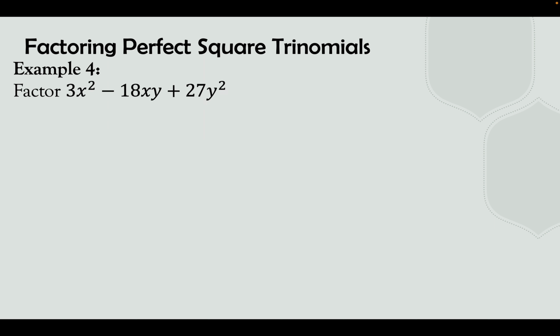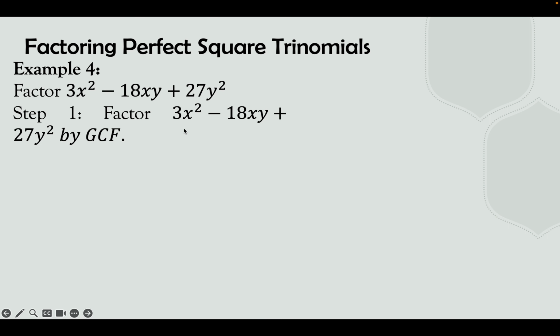Example number 4. Factor 3x squared minus 18xy plus 27y squared. As you can see, by looking at the given polynomial, you can possibly think that this is not a perfect square trinomial, since the first term and last term are not perfect squares.